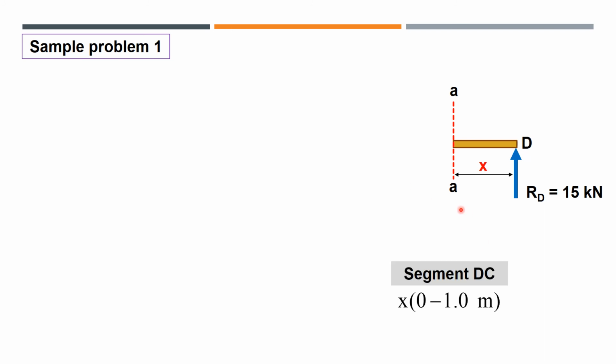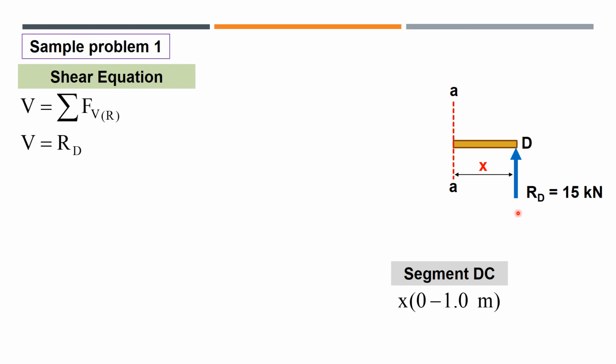So, if you sum up the shear values, titingnan natin ano yung mga vertical forces to the right of the cutting plane. In this case, we have RD, which is upward or positive. So the shear equation for CD or DC is V equals 15 kilonewtons.